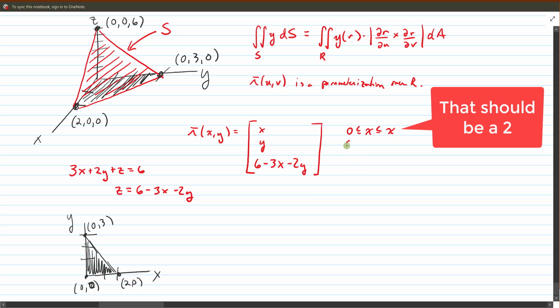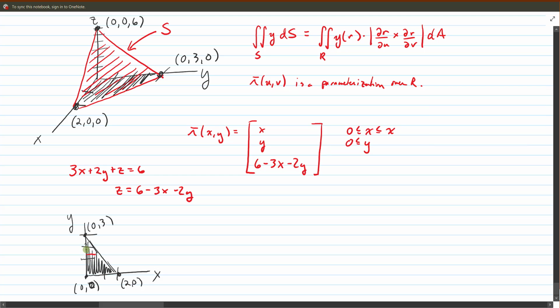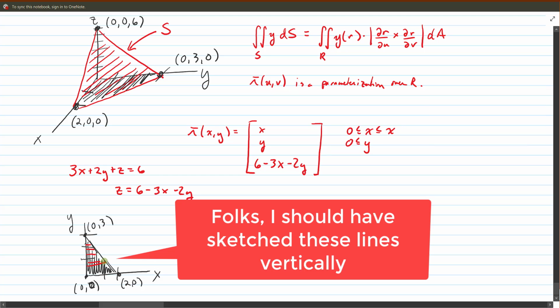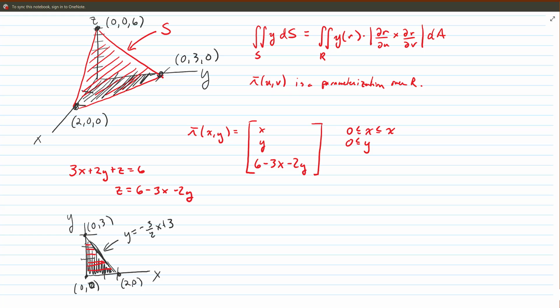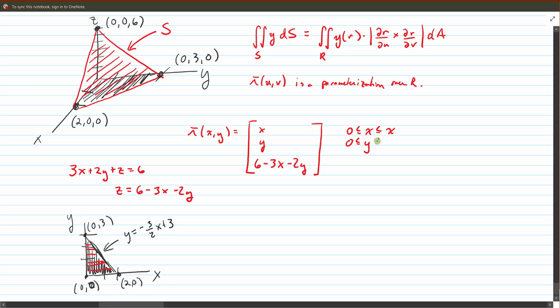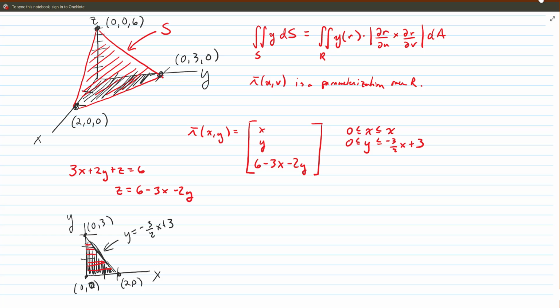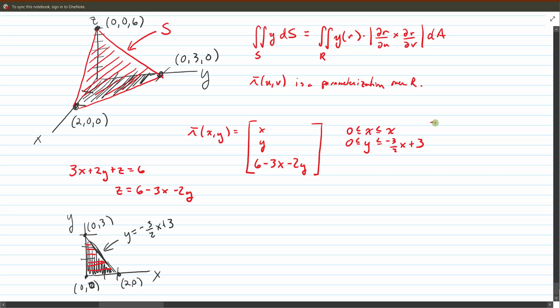My y values are going to range between 0 and, well, the y values will stop when they hit this line here on the right hand side. So we need to give the equation of that line. This boundary line right here has the equation y is equal to negative 3/2 x plus 3, and you can check that. So that's going to be the upper limit for the y in our parameterization. So now we've got our parameterization, and this would be our region R here.